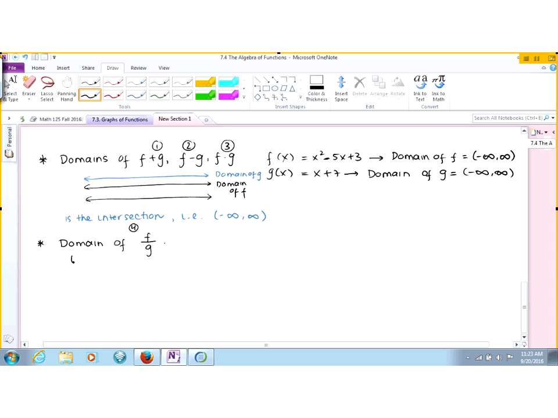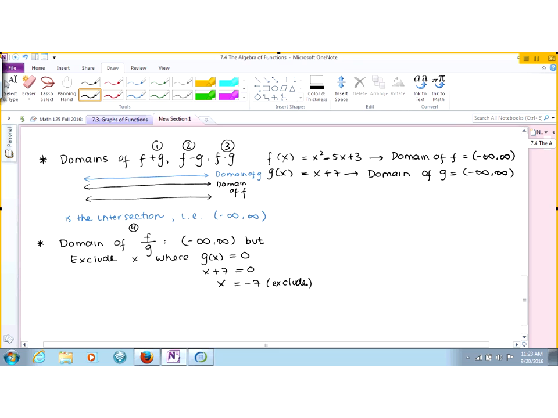So same answer, but I need to exclude. So this is negative infinity to infinity, but exclude x where g of x is equal to 0. So what is g of x? X plus 7 is equal to 0. So what is x? Negative 7. I have to exclude this.